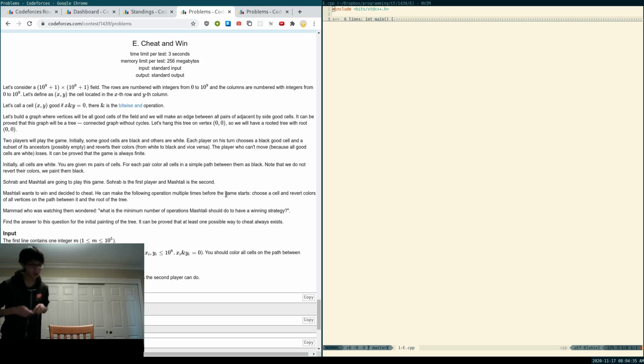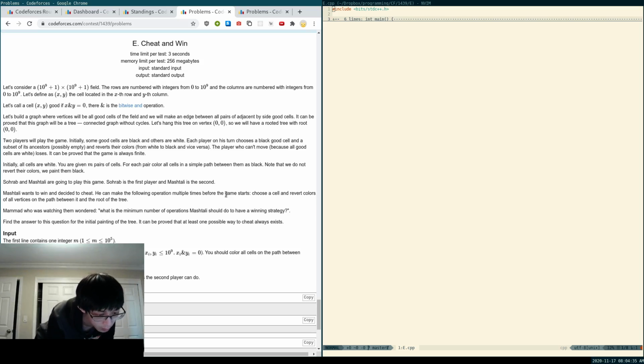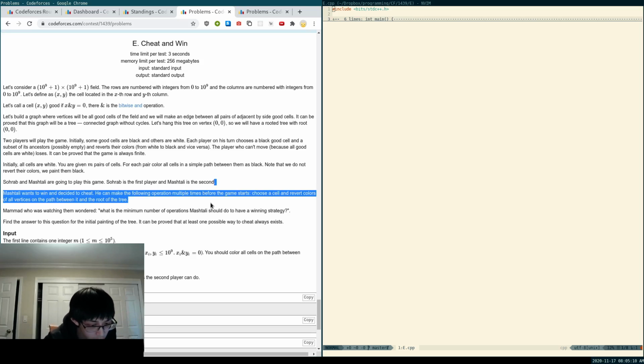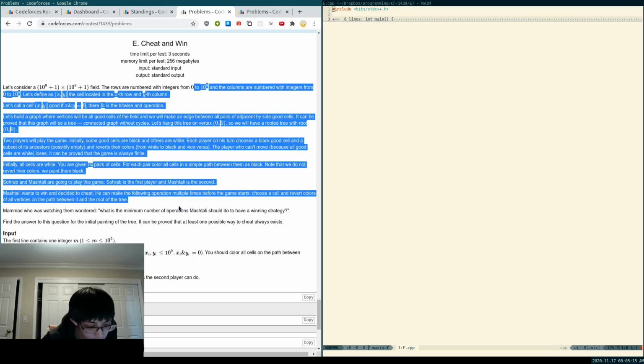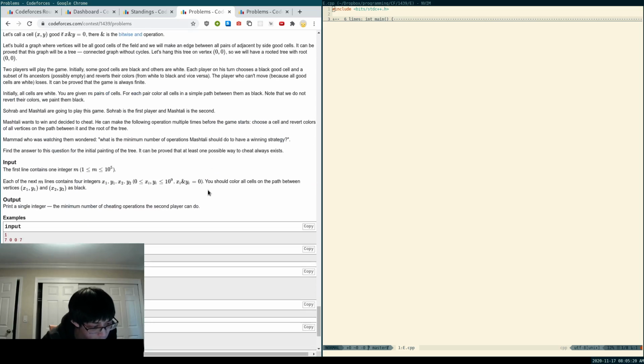Wait, don't you just care about depth? So yeah, you only care about depth, right? So the hard part here is just the tree part.